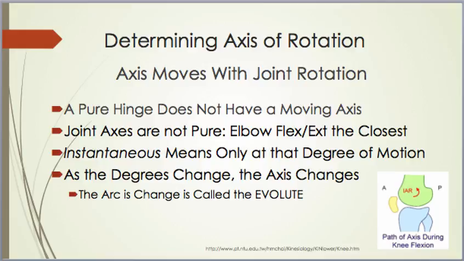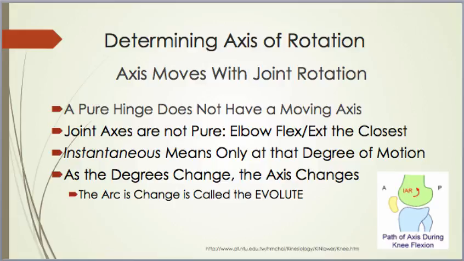So we have this term called the instantaneous center of rotation. And what that means is at that particular degree, for example, at the talocrural joint, if we bend our ankle into dorsiflexion from, let's say, -10 to 0 or neutral position, the axis of rotation within the talocrural joint changes at each degree.